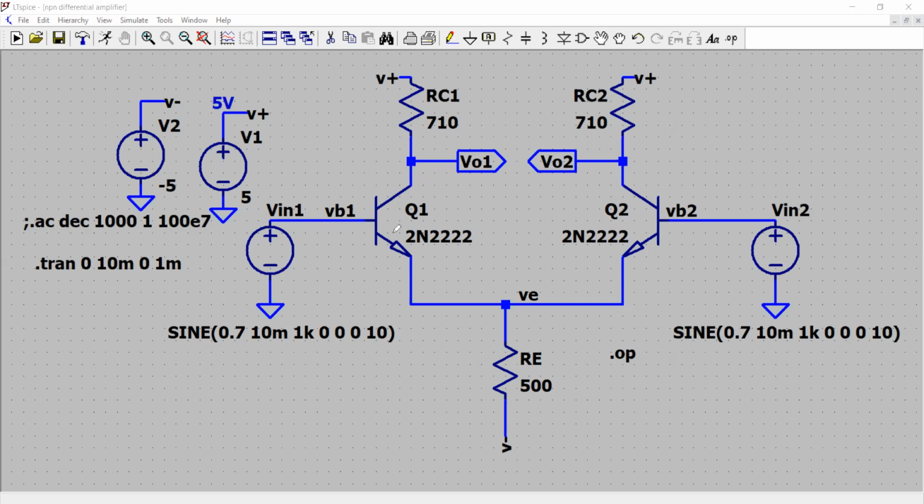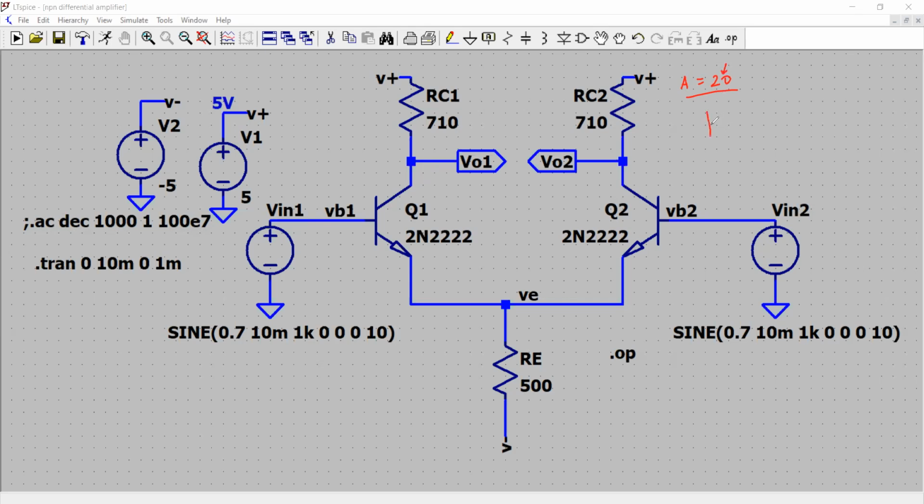As you can see on the schematic, let's say we have been given a design problem to design an amplifier for a gain of 20. So we want to have amplification with a gain of about 20.